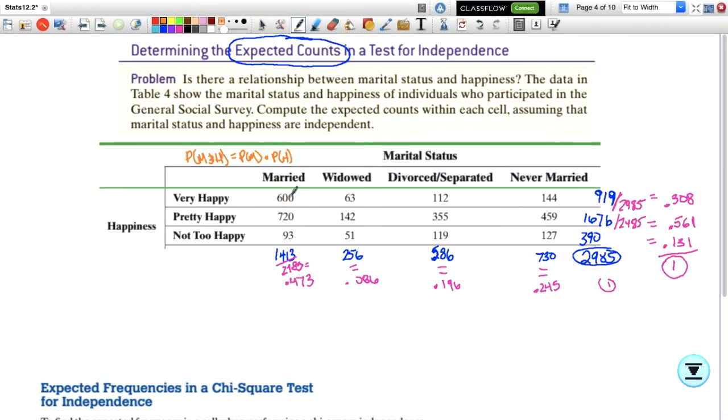Well, that means if we're trying to find that expected count, we would take the probability of being married, which is 0.473, and the probability of being happy, in fact, very happy, and we would multiply those two things together. So we're going to take our 0.308 and our 0.473, we'll times them together, and that'll give us our expected value.